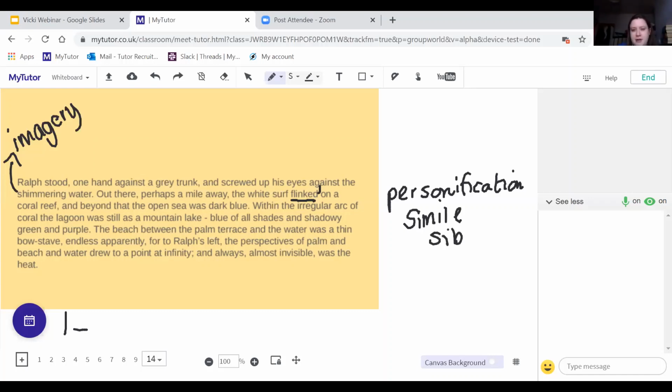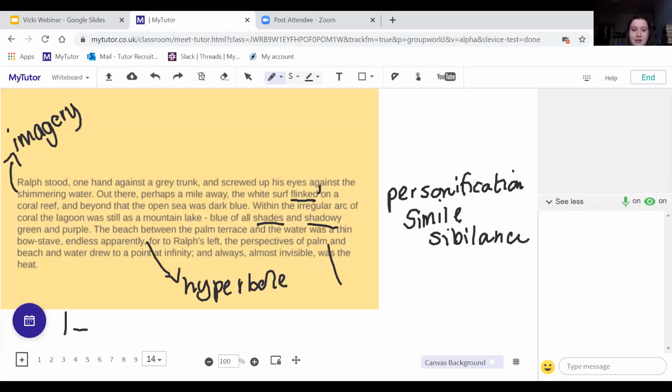So we've got sibilants, shades and shadowy. The beach between the palm terrace and the water was a thin bow-stave, endless apparently. So again, we've got another hyperbole here, because in reality we know that that is not endless, but it probably seems to be for Ralph. For to Ralph's left, the perspectives of palms.